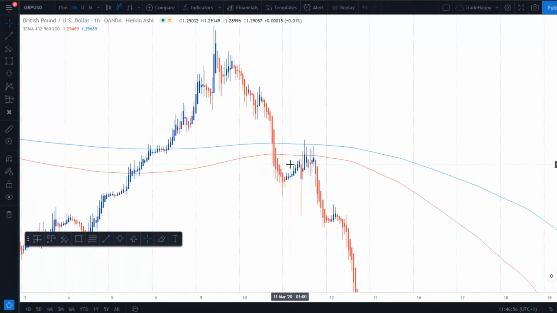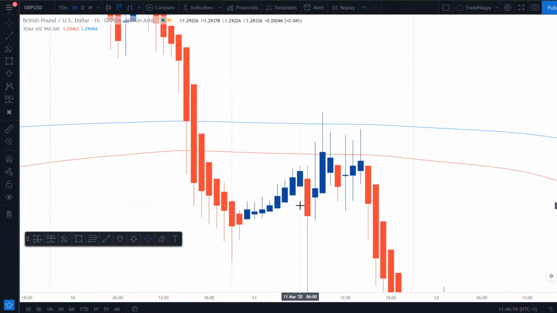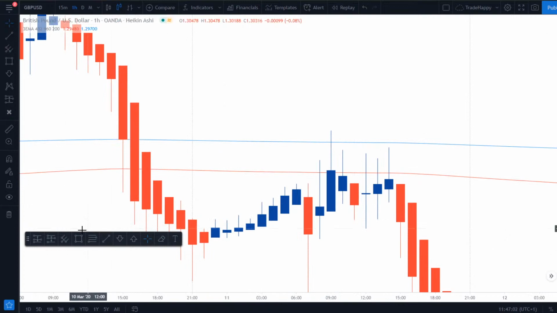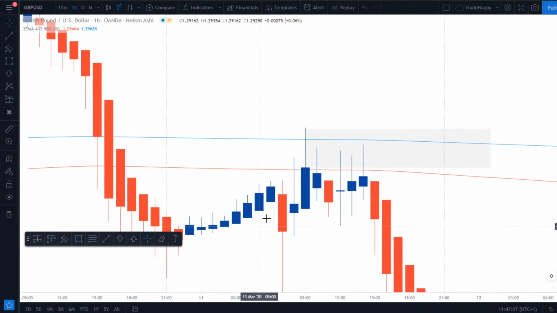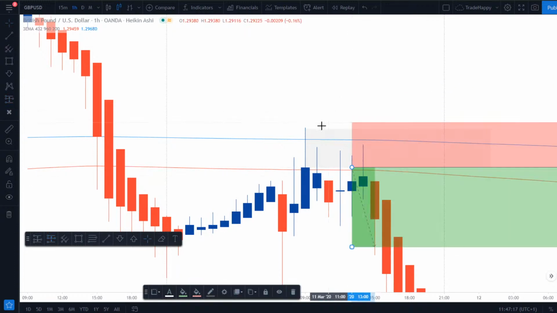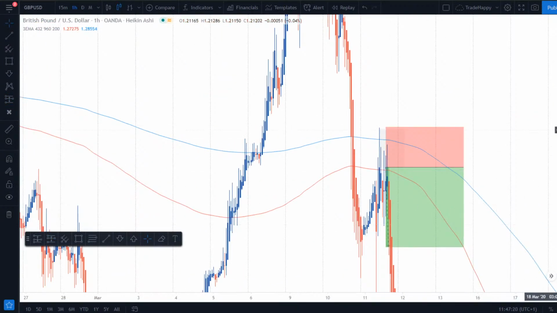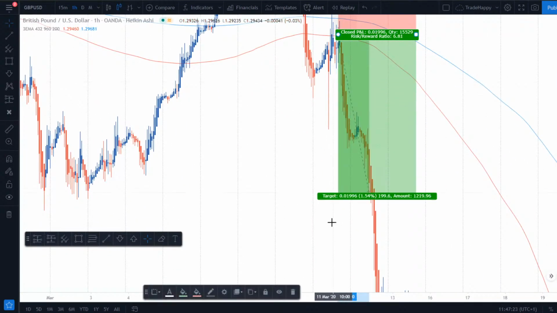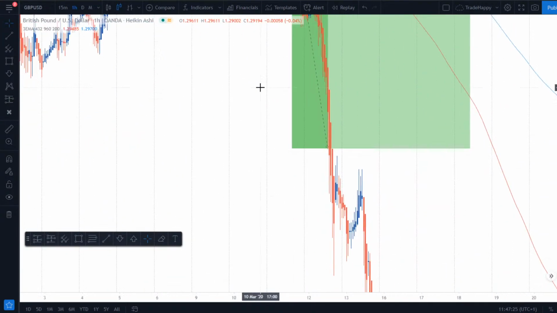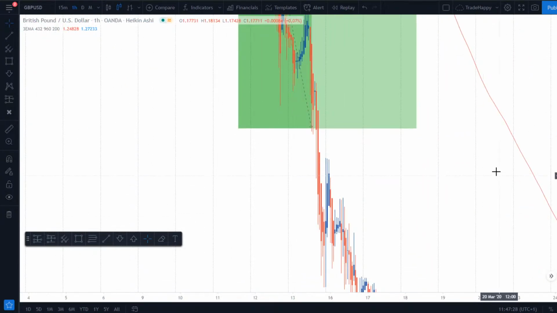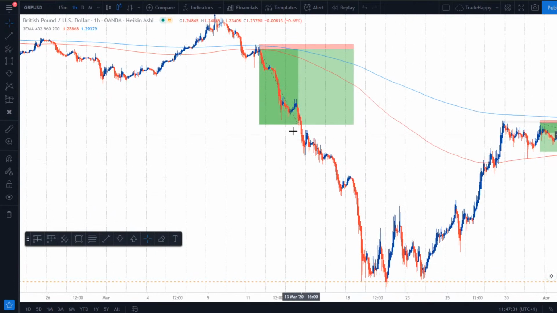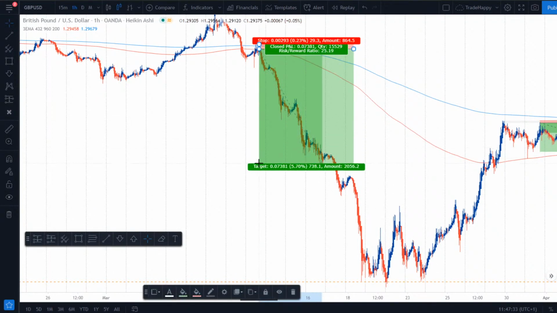Because I mean, if we have a look at this, obviously it's quite a small zone, but if you've got this zone here and price comes up and retraces out, and then we come straight back up into that area and you take a short in here, and all you're doing is holding until price hits the EMA. So you're not exiting yet, still in the trade, still in the trade, still in the trade, and you would exit here.